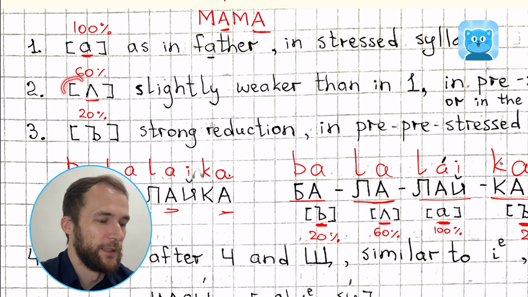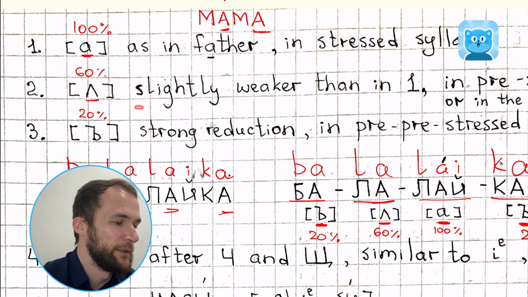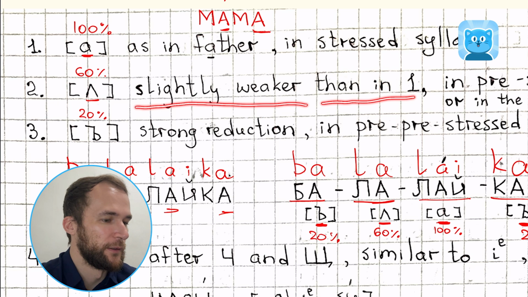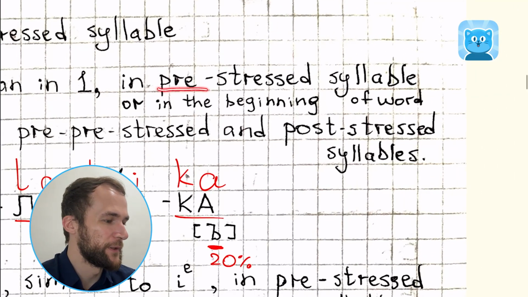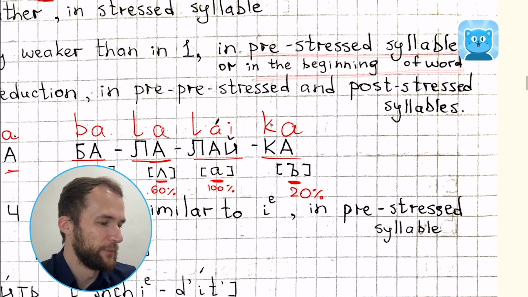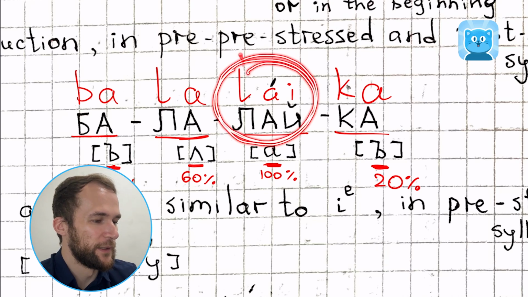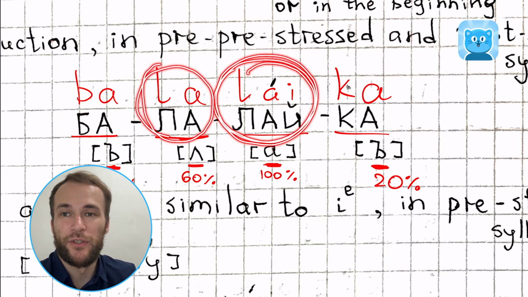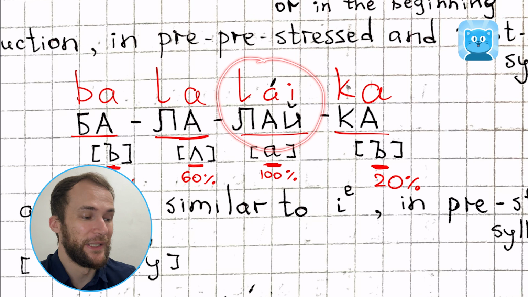So it's a, right? I write here, it's slightly weaker than in here, and it comes in a pre-stressed syllable or at the beginning of the word. Pre-stressed syllable: if this is stressed, this will be pre-stressed, that comes before the stress, okay? So stressed, pre-stressed.